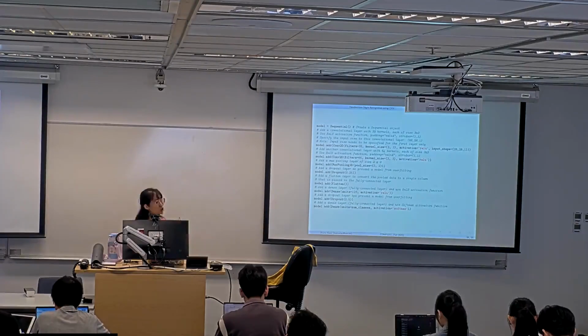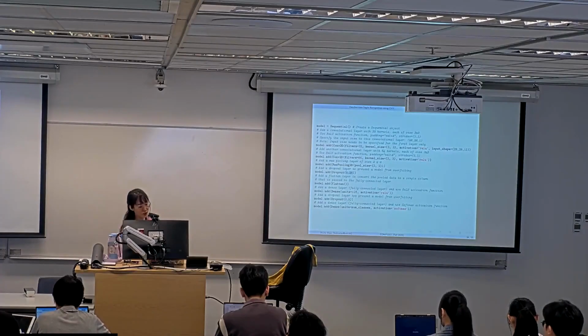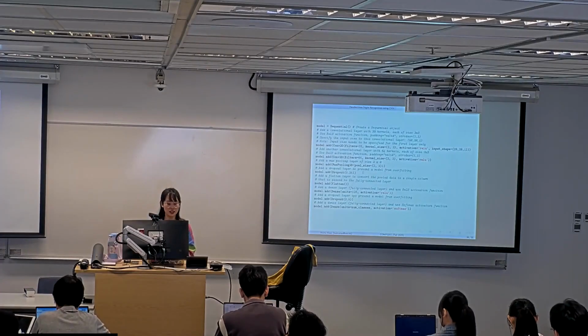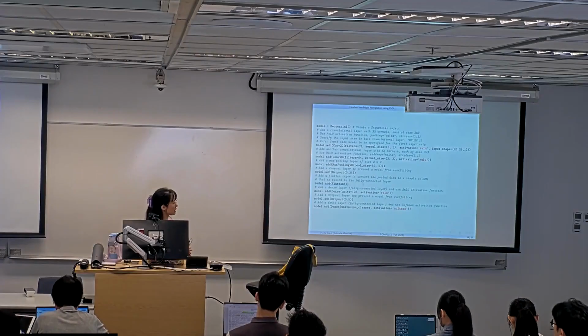After that is a dropout layer. For dropout, you simply use model.add Dropout, and this is the dropout rate you want to apply, 0.25. Then we need to do the flattening. Flatten the image data we already have into a single column, this 1D data. So simply use model.add Flatten.